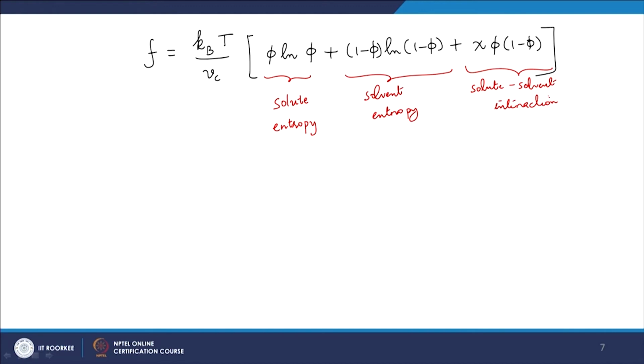And now we note that if I want to put a polymer chain there, the first approximation that goes wrong is the approximation that the solute and solvent are of the same volume. Of course, the approximation was not very correct even for a simple liquid solution, but at least they were of a similar size or similar order of magnitude of size.